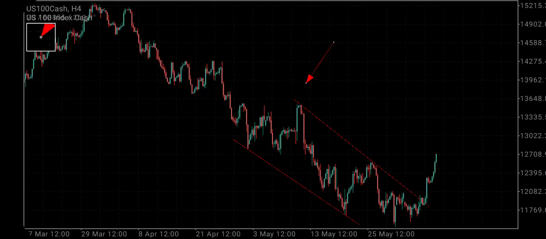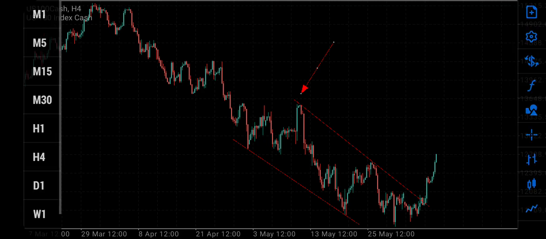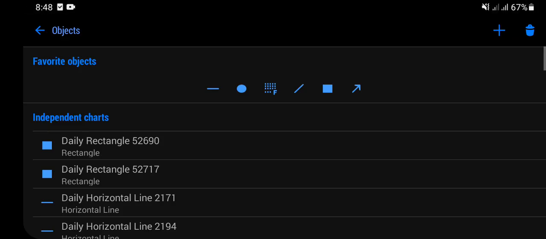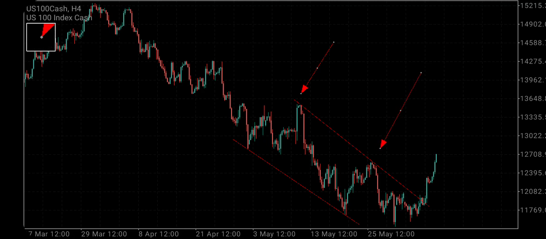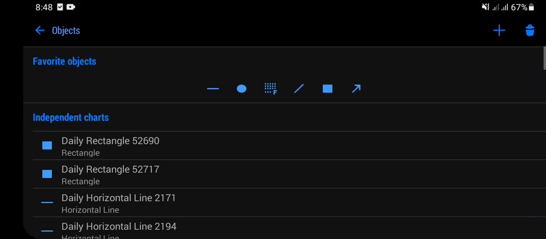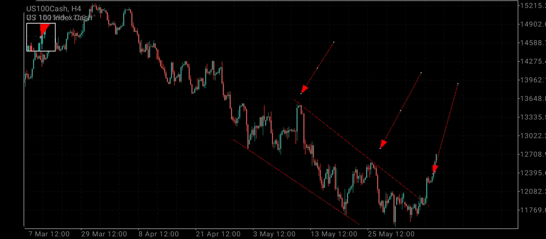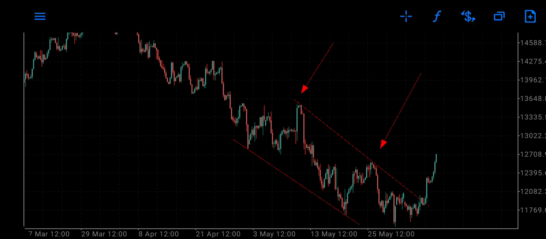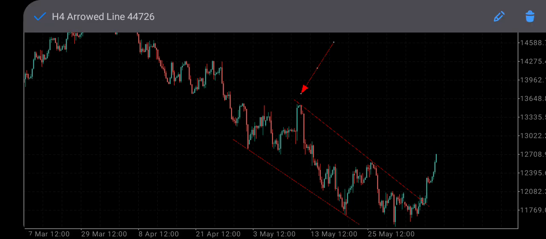I have my first touch on the trend line, my second touch on the trend line, and on the third touch is where the big move normally happens, which is the breakout in this setup. So we have our first touch, second touch, then the third touch is where the breakout happened.